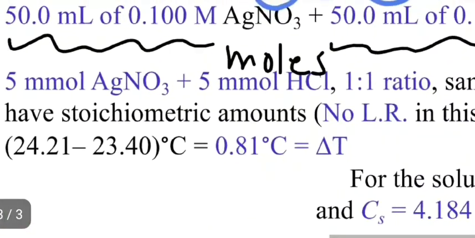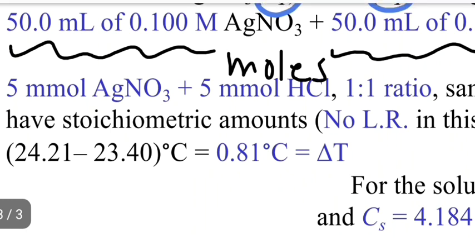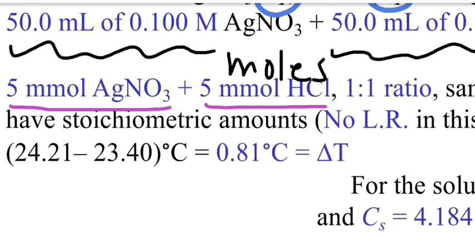Since we're given two quantities, the one thing that we need to check in this type of problem is whether we have a limiting reactant or not. Volume times the concentration gives us a number of moles. So we have 5 millimoles of silver nitrate. We have also 5 millimoles of hydrochloric acid.